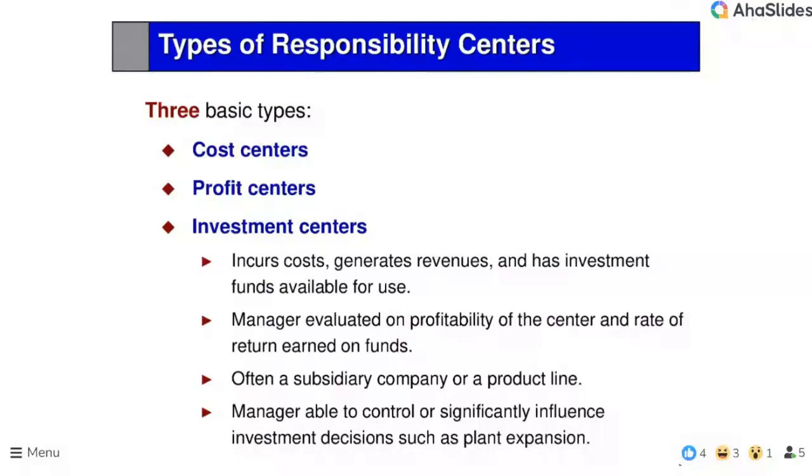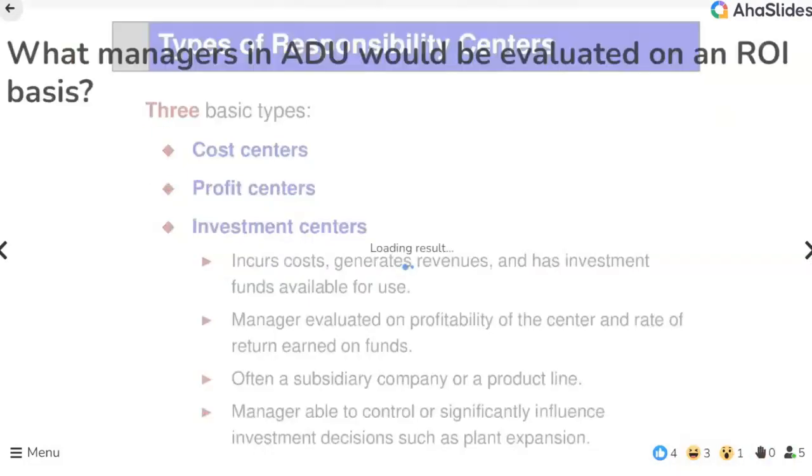So they're evaluated on profitability as a rate of return on the investment of the funds. So this is ROI. They must have significant influence over the amount of investment. Now, who would that be in Abu Dhabi University? Anybody got a quick shot at this?